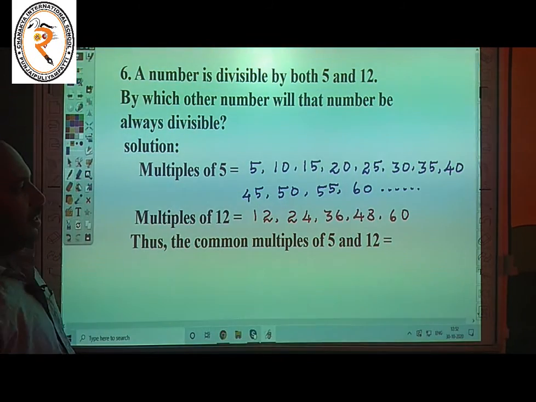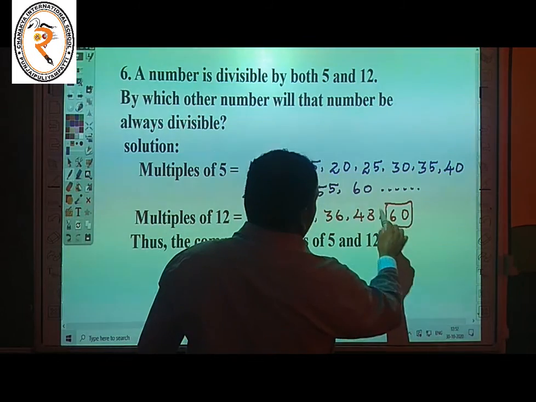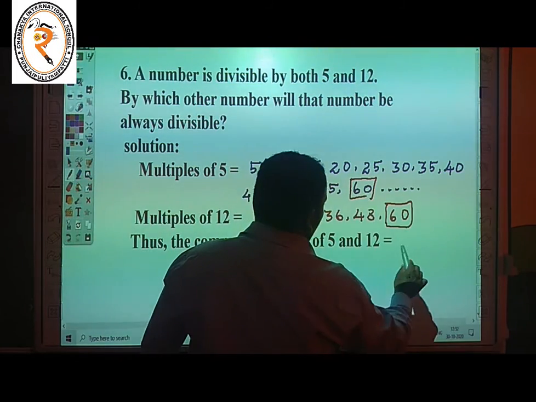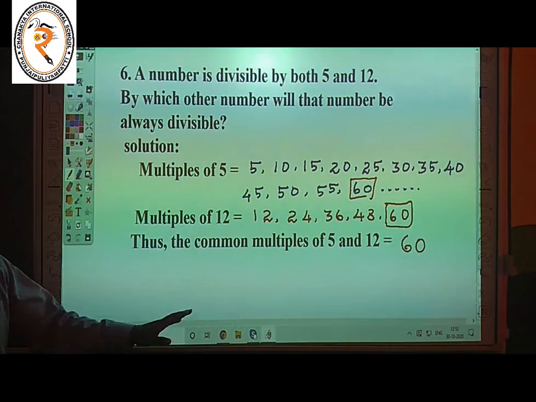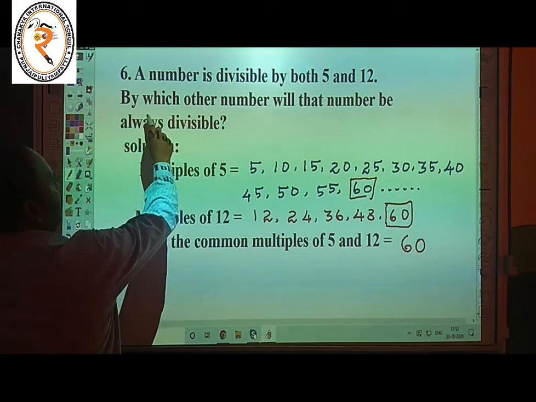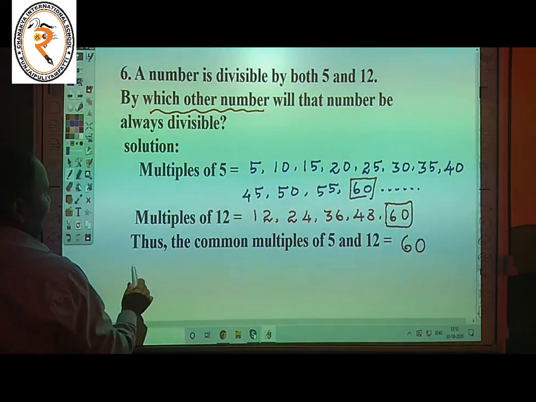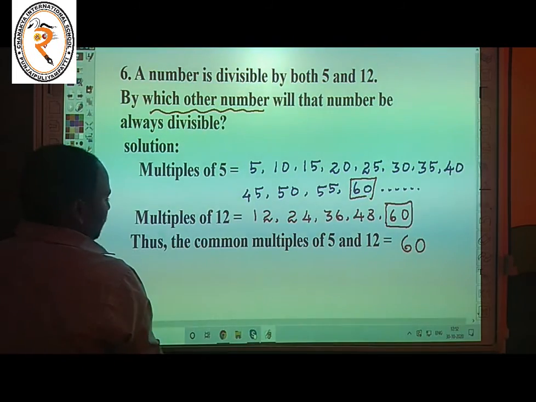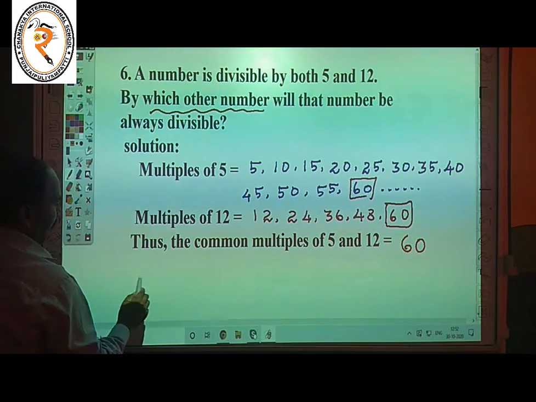Here the common multiple is only 60. The common multiple of 5 and 12 is equal to 60. Which other number? The other number is 60. The given number is always divisible by it.